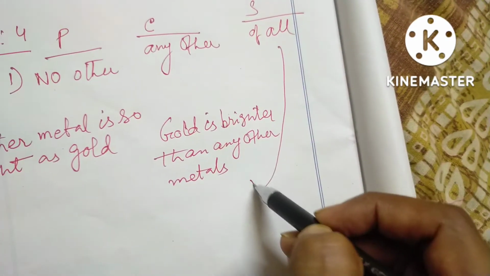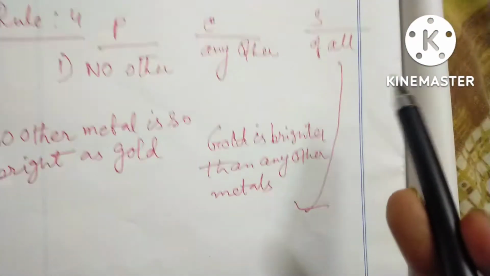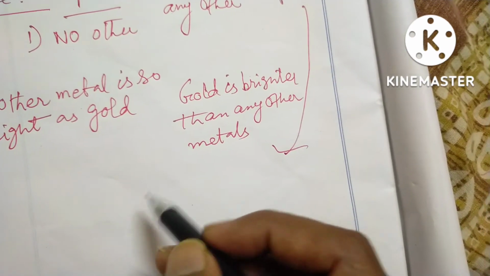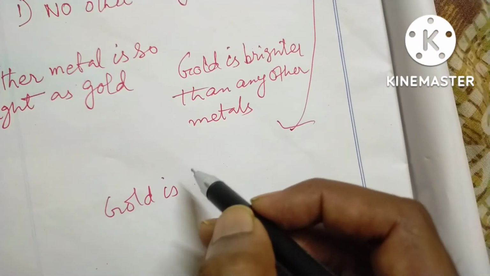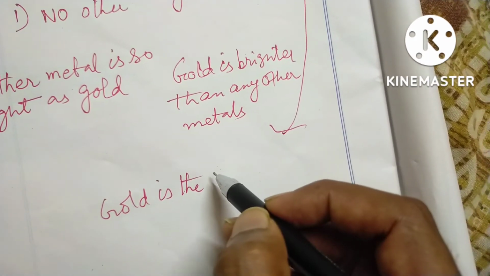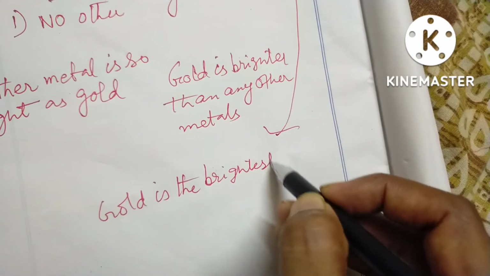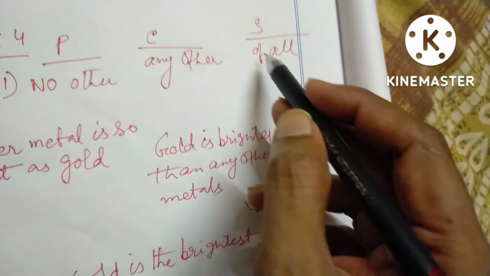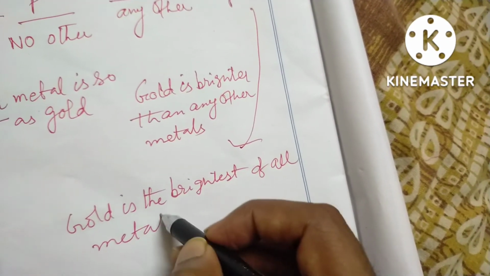And in the case of the superlative, the third form, when we try to transform this sentence into the superlative form, we start like the comparative form: Gold is the brightest of all metals.